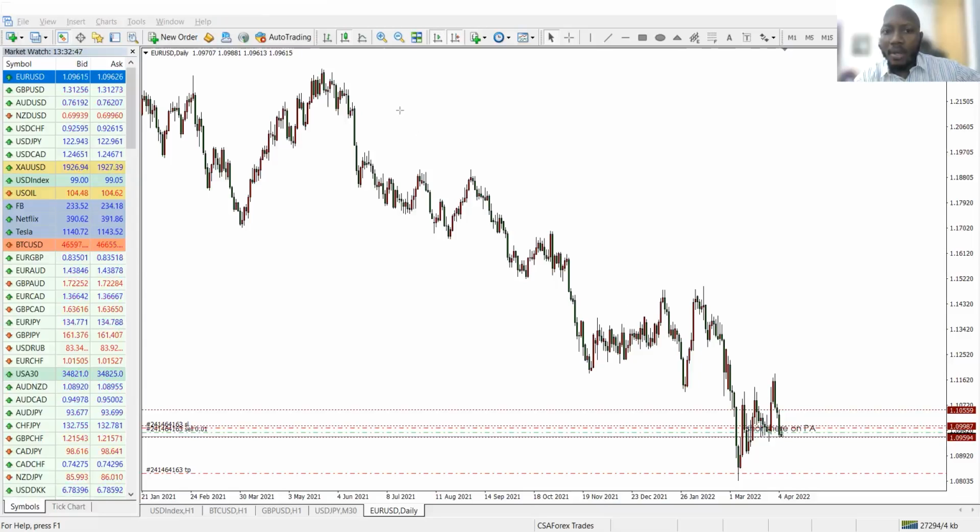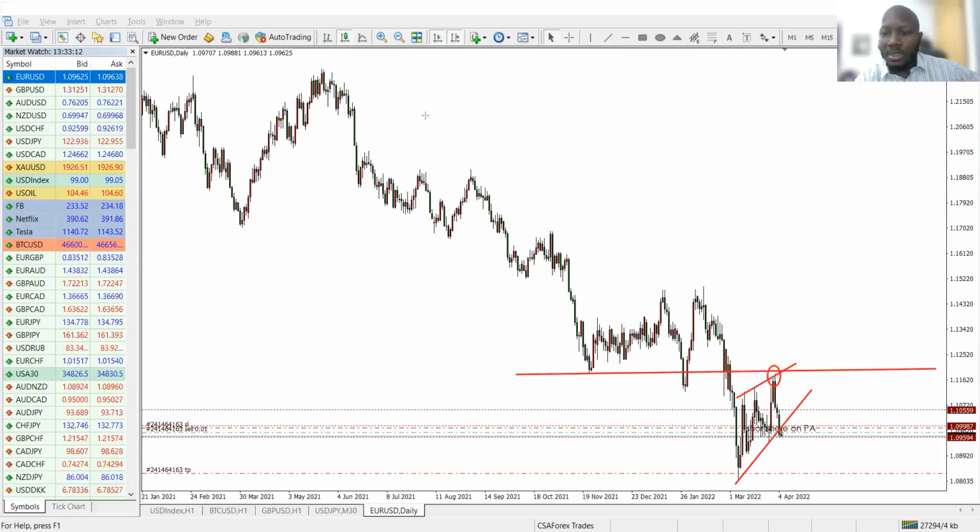Looking at what we have over here, you have this wedge pattern. Based on this wedge, one could have easily gotten an entry over here, which coincides with this area of former support turned resistance. As you can see, it hit there and then it dropped.